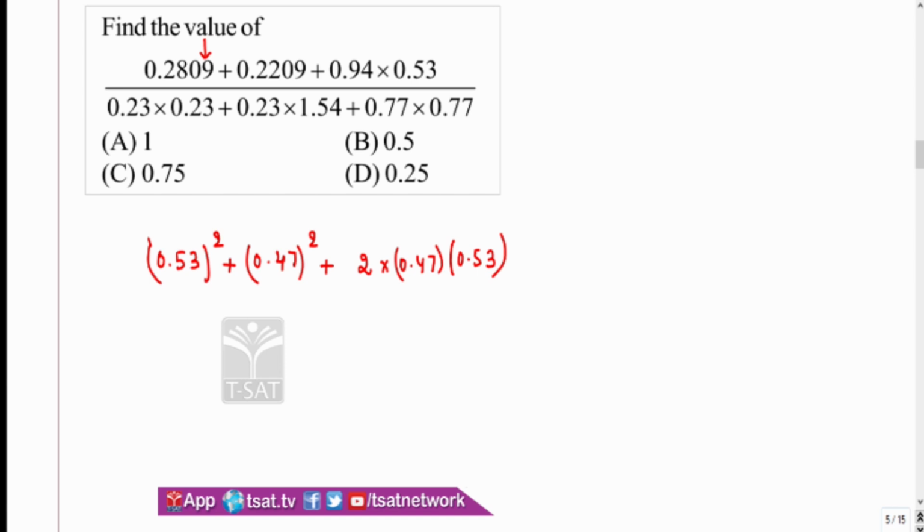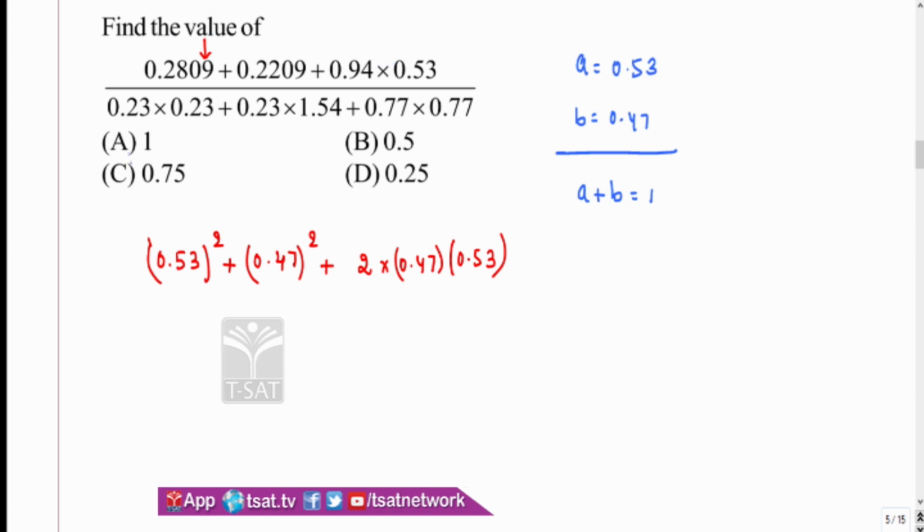Now what is a and what is b here? In the numerator, a is 0.53 and b is 0.47. Therefore, a plus b becomes simply 1. Now a plus b is 1 means the entire numerator becomes 1.